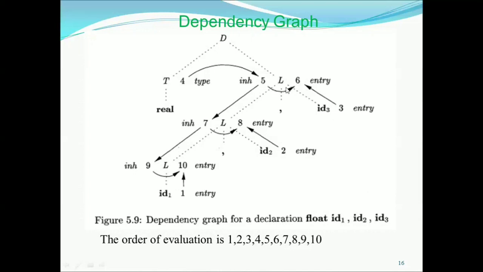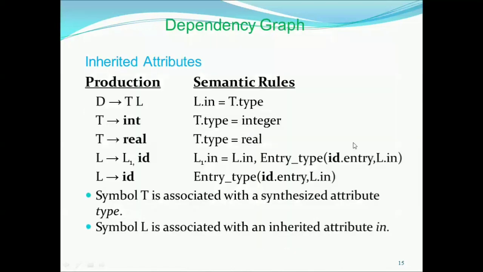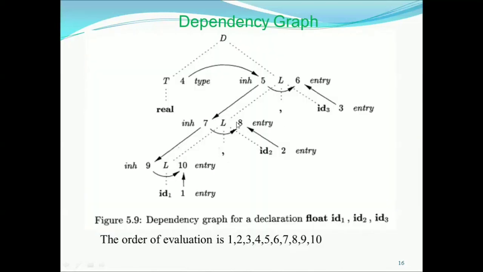So this id value is nothing but the variable name which you have entered as a user. So similarly, once I complete the entry of this, then I pass this value to the next level. That is, the next thing to be executed is 7, which gets the value that is L1.in is equal to L.inherited. Once it gets its value, once again I make a call to entry_type of L.inherited plus id.entry, which will once again get executed.